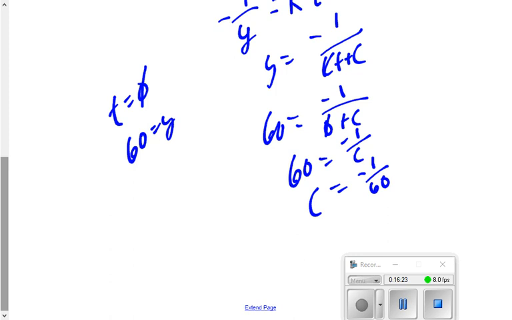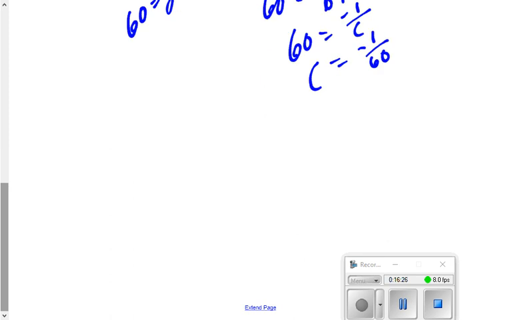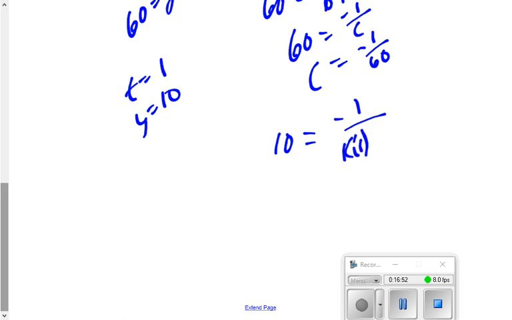Then I can take when t is 1, y is 10, and once again, that's in the word problem. So now I can say, using my original equation of y equals negative 1 over kt plus c, I get 10 equals negative 1 over k times t, which is 1, which is just k, minus the c we just solved for, which is 1 over 60.